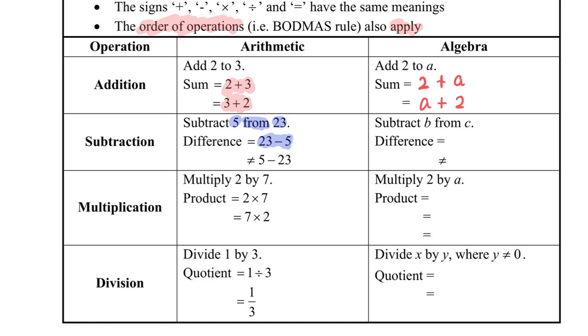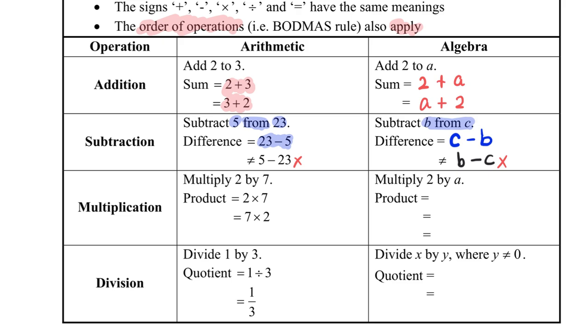So if I apply this here, subtract b from c, what letter do I start from, b or c? Very good. We start with the letter c and we are going to minus b from c. Notice that this is not equal to b minus c. To make it straightforward, this is wrong.